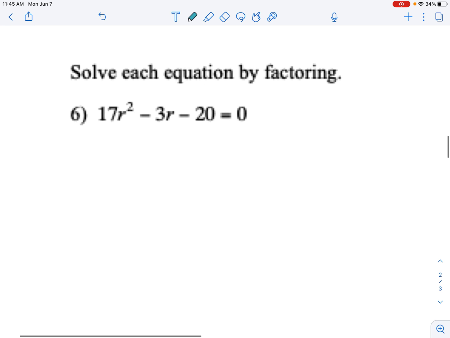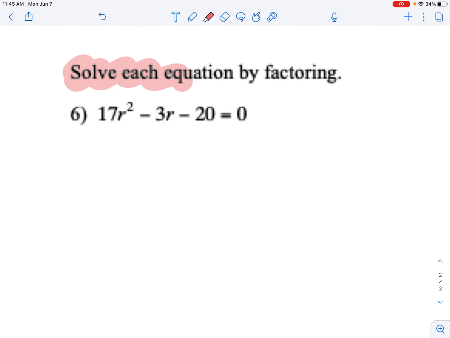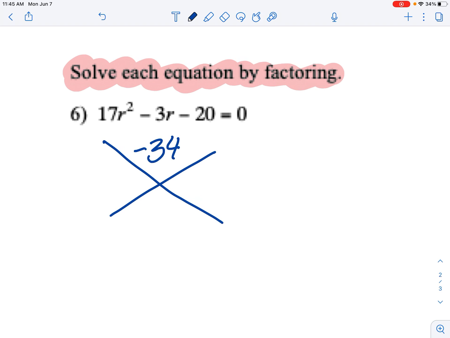These are solving each equation by taking the square root. Now, the second 5 is another set of instructions that says we're going to solve each equation by factoring. So we are going to factor. This is when we use our, as you guys remember, X method. 17 times negative 20 is negative 340. Add negative 3 on the bottom.